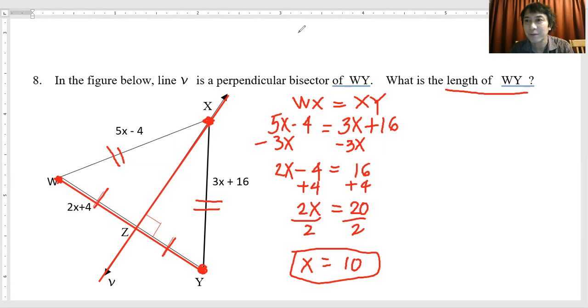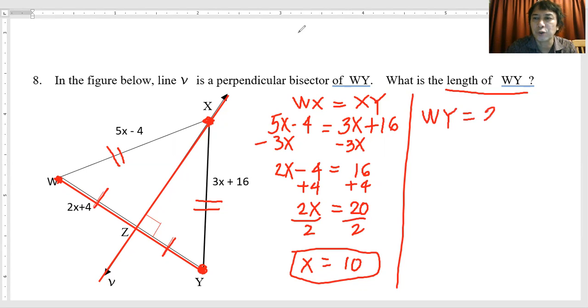So we can set up the equation: the total WY is 2 times WZ, because WZ and the other half are equal, so we'll just double one of them. And so WY is equal to 2 times WZ, which is the expression 2x plus 4.